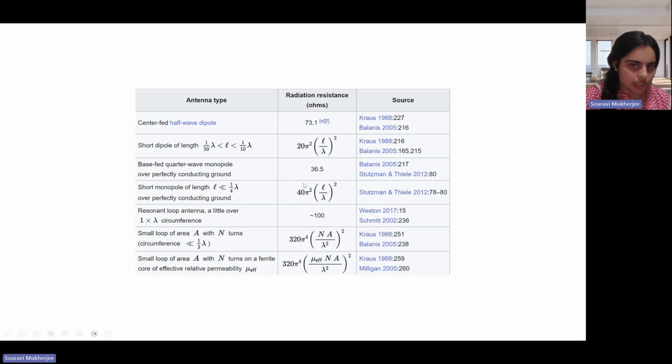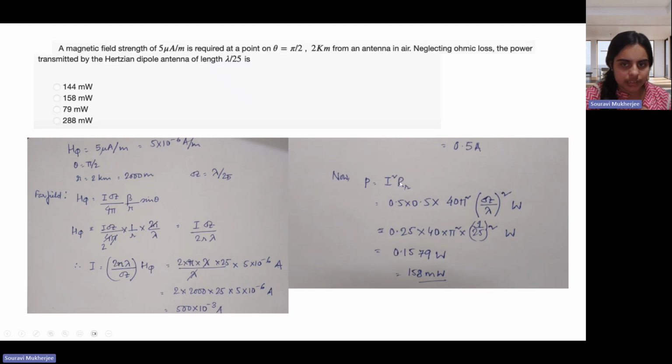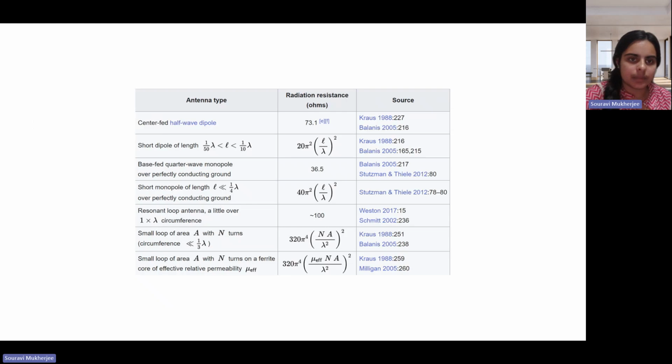Then you can use this expression for your radiation resistance, and use this relation to find how the power is transmitted. Similarly, if you are now told that it's a half wave dipole, then in that case you have to use the radiation resistance for a half wave dipole.